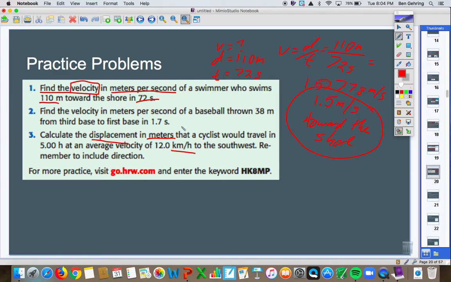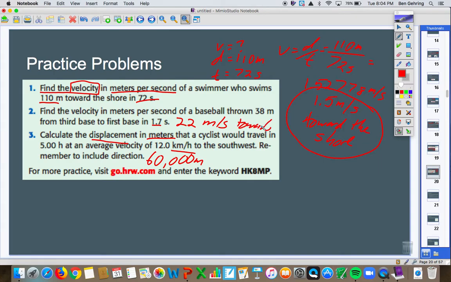So on number 2, you should have come to an answer of 22.35 meters per second, which with 2 significant digits rounds to 22 meters per second. And then on number 3, we should have 60 kilometers, which would be, because we're looking for meters, 60,000 meters.